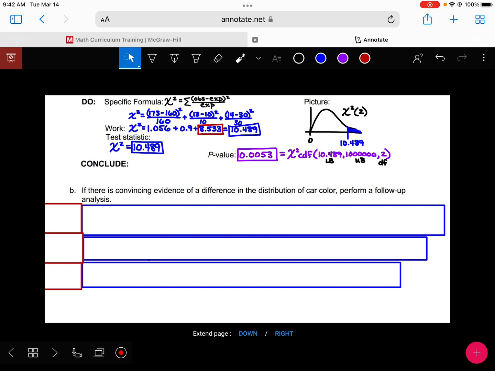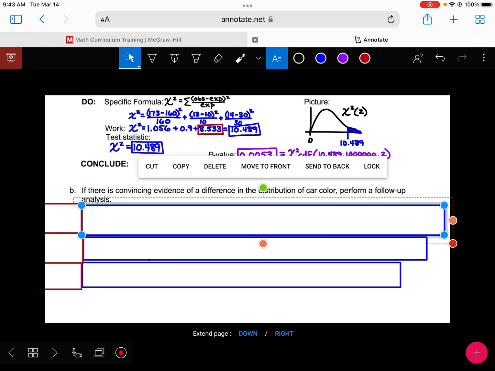What does that p-value mean? We're going to reject the null, but interpreting the p-value, what would a p-value of 0.0053 tell me? Yes. Assuming the null is true, there's a 0.0053 probability of getting a chi-square of 10.489 or greater.